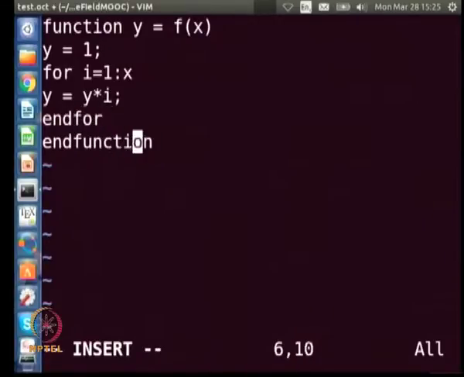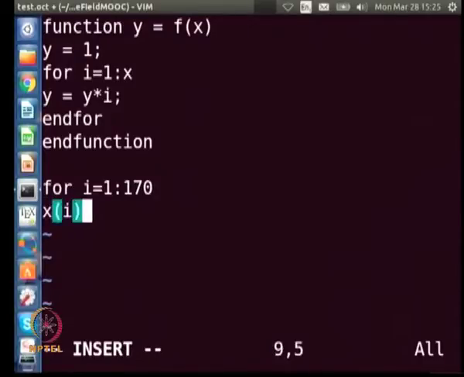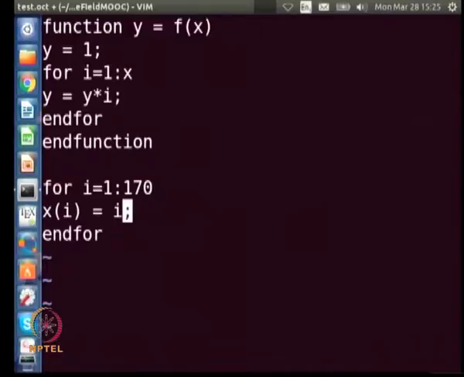This is the factorial function. Then for i equal to 1 to 170, x of i is equal to f of i, end for.